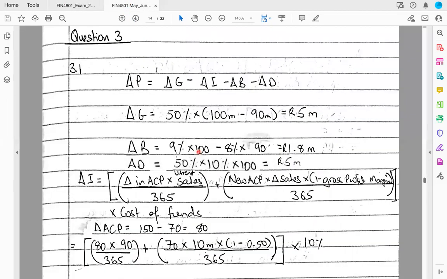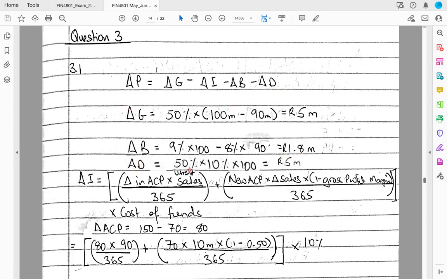So to get the change in bad debts, we say 9% times our new sales minus 8% times our old sales, and we get an increase in bad debts of 1.8 million. An increase in bad debts is bad, so we're going to put this as a negative into our formula. If our bad debts had decreased, we would put this as a positive because a decrease in bad debts would be a good thing.